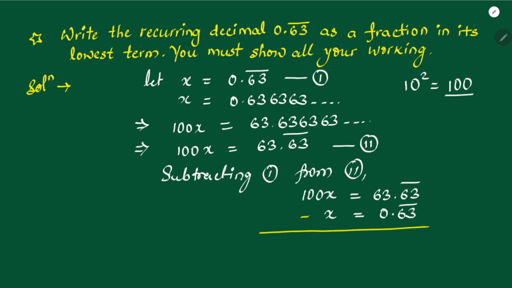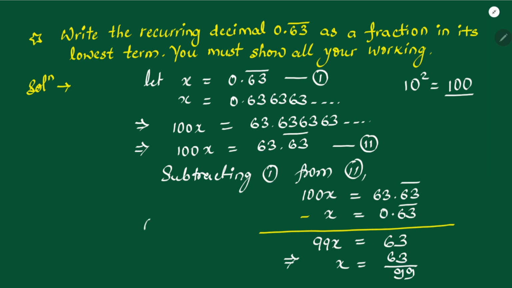So let's subtract. 100x minus x will give you 99x, and this will be 63. So here if I solve this, x will be equal to 63 divided by 99.